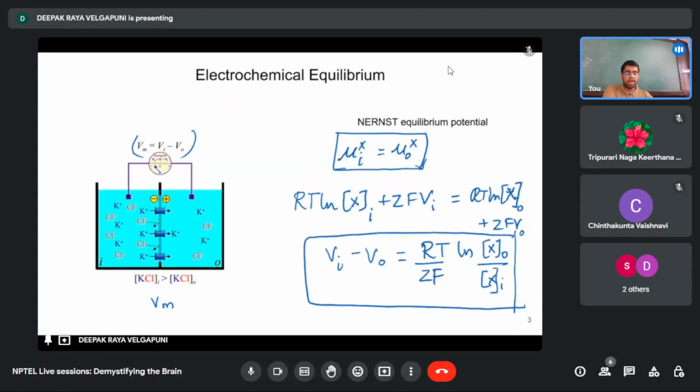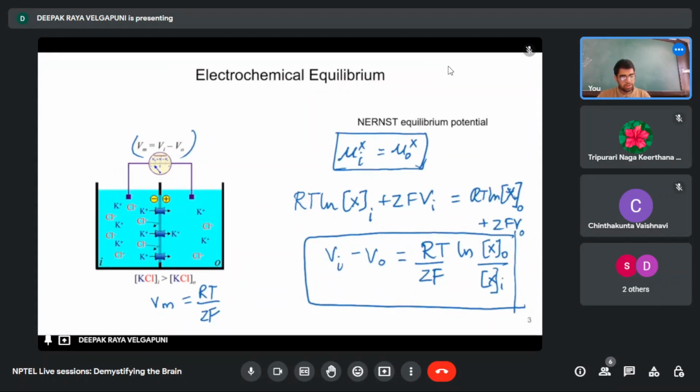For any given ion or species across a membrane which is selective to that species, the membrane potential is nothing but RT by ZF. Z is the valence of the ion, how much deficient it is from the actual number of electrons it could have. For potassium it is 1, for calcium it is 2, like that.